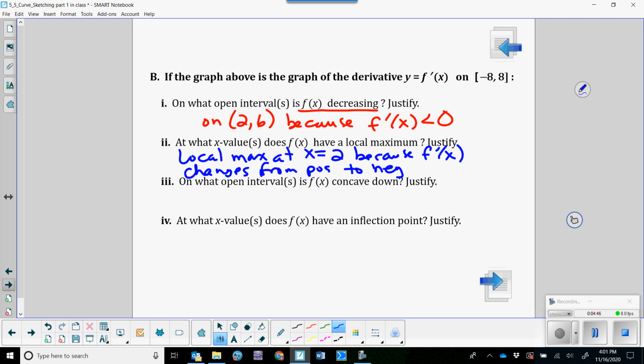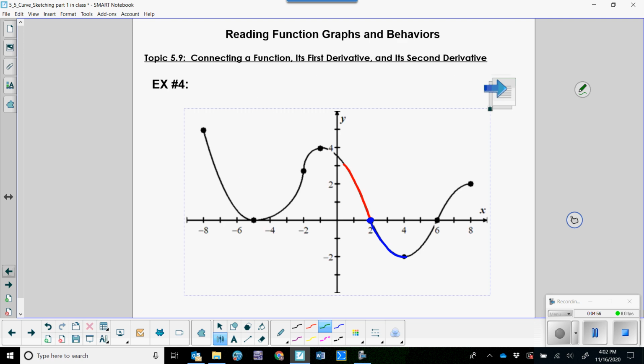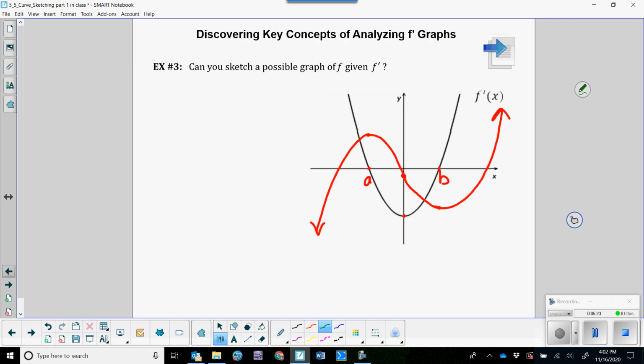Then it asks, on what open intervals is the graph concave down? Again, this graph is f prime. If I want to know when f is concave down, it's going to be concave down anywhere f prime is decreasing. It is decreasing here and here, so those would be the places that f would be concave down.